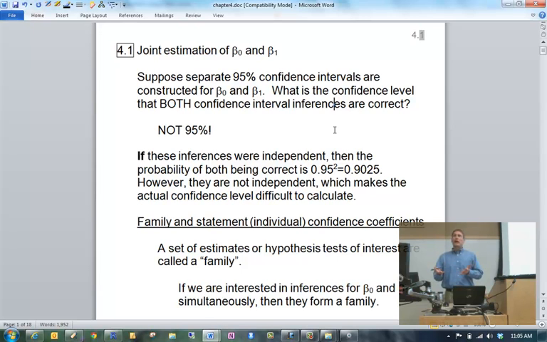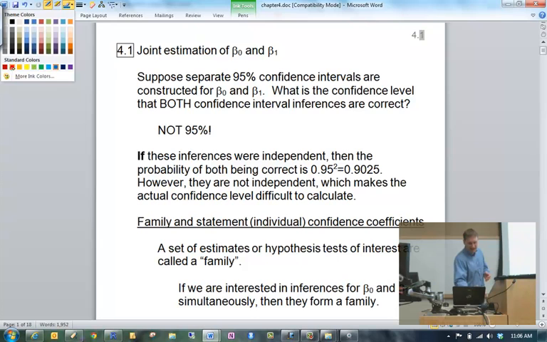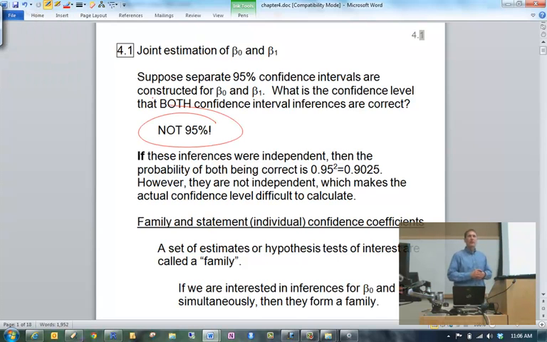Now, if we're doing a confidence interval, you might find a 95% confidence interval for beta 0 and a 95% confidence interval for beta 1. But what's the overall confidence level that you have that both intervals actually contain the corresponding parameters? That overall confidence level is not 95%.